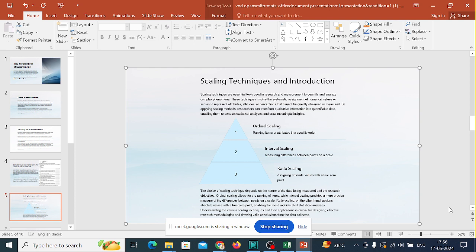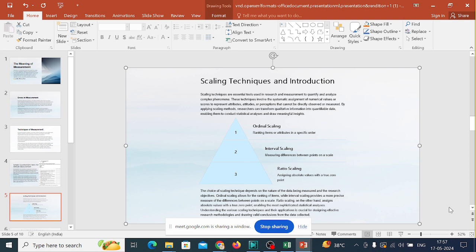Ordinal scaling means ranking the items or attributes in a specific order. This comes under ordinal scaling. Number two is interval scaling. What is interval scaling? Interval scaling means measuring the difference between points on a scale.